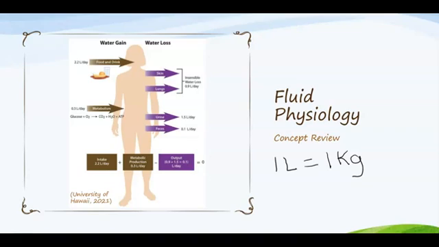But as you know, in the United States, most people will report their weight in pounds. So 1 liter of water is going to equate to about 2.2 pounds. And this is an important conversion for you to commit to memory. This is going to be important for you to remember as we address caring for clients with a variety of different health conditions that are actually going to alter their fluid balance.